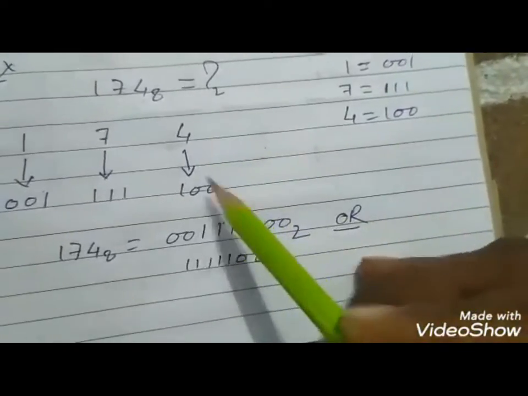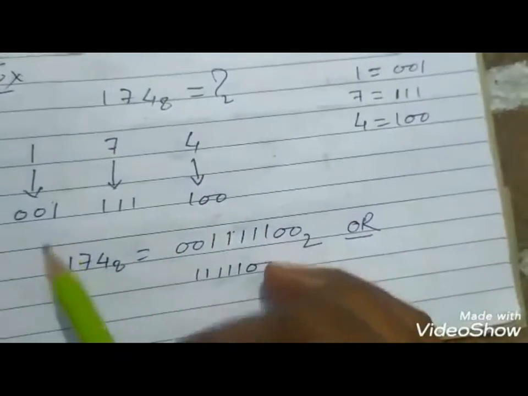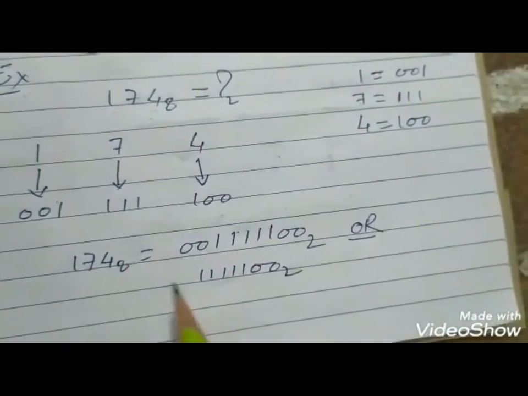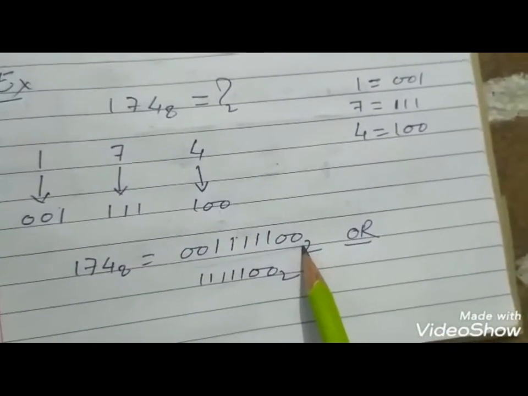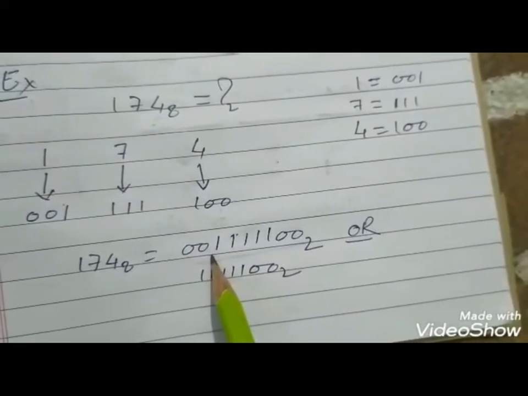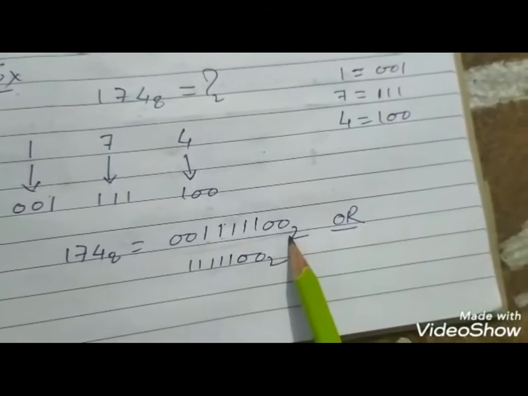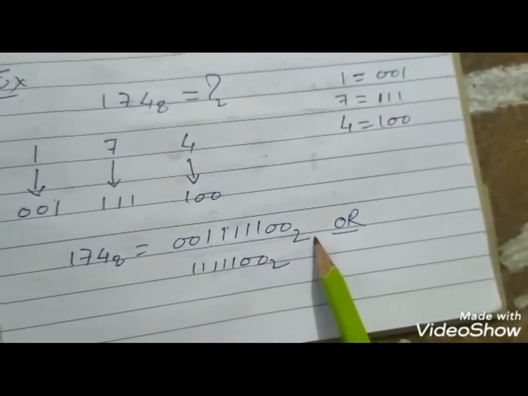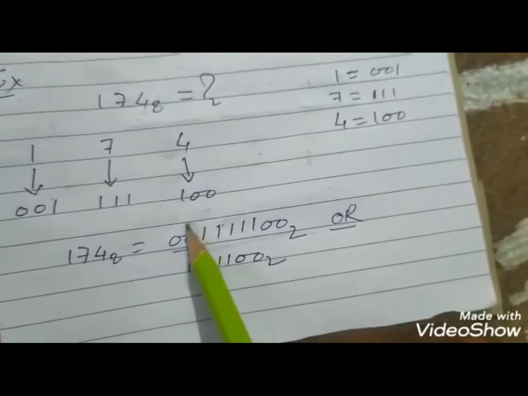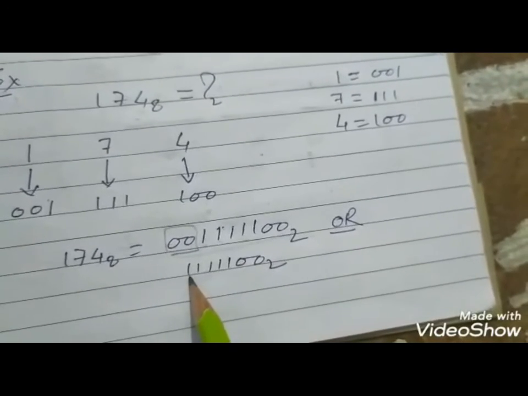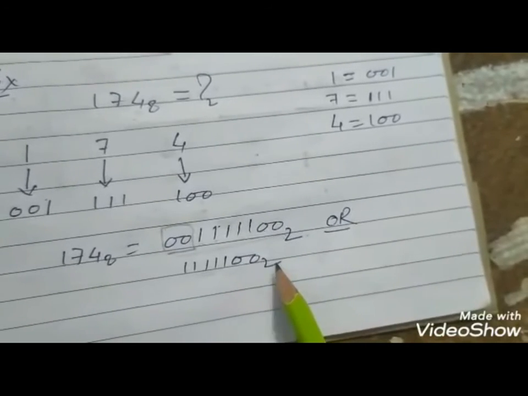So 1 is 001, 7 is 111, 4 is 100. Write all the numbers together, meaning 001111100 is the binary number. You can also remove left side zeros, so you can write 1111100 in binary.